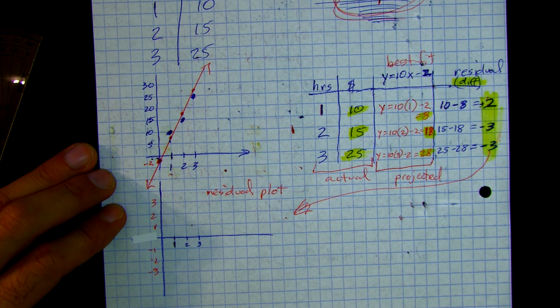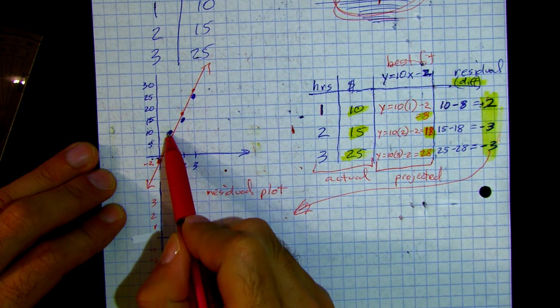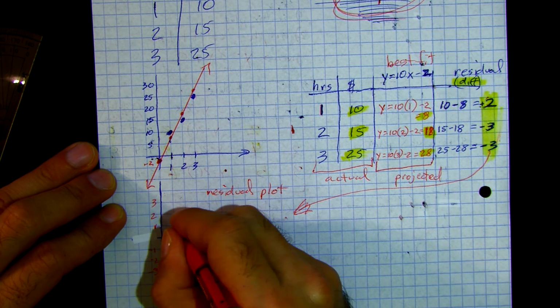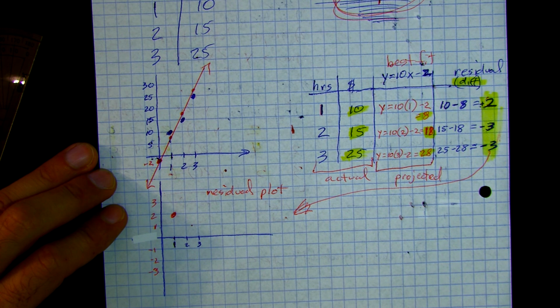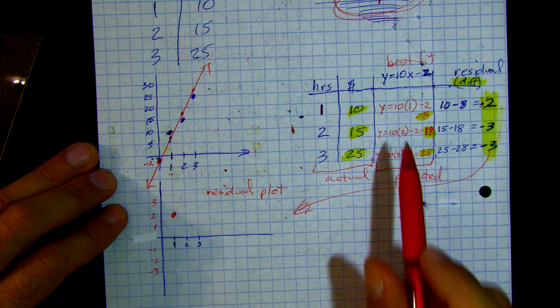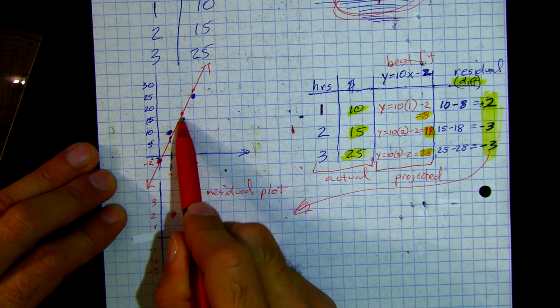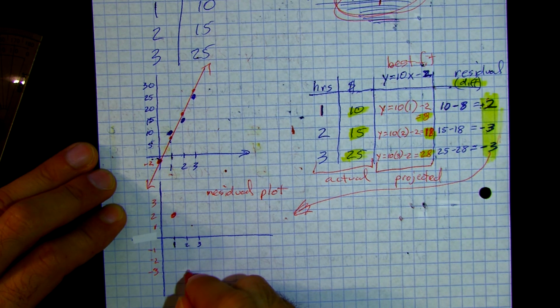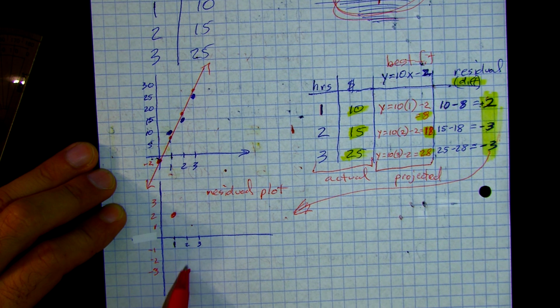So let's see, at hour 1, what was my residual? I was plus 2. I was plus 2 above my best fit line. At hour 2, I was minus 3. I was 3 below my best fit line. See how I put it there at minus 3 for hour 2?